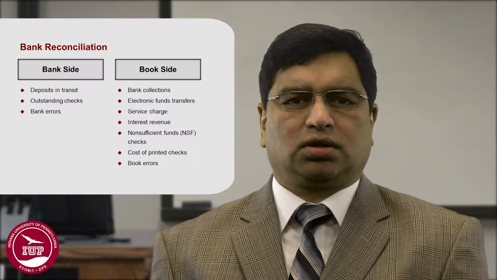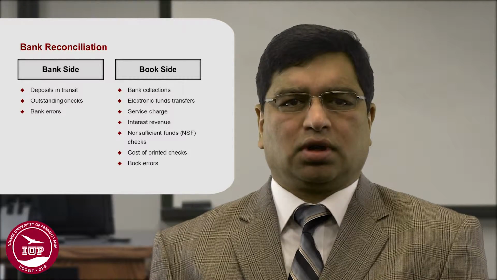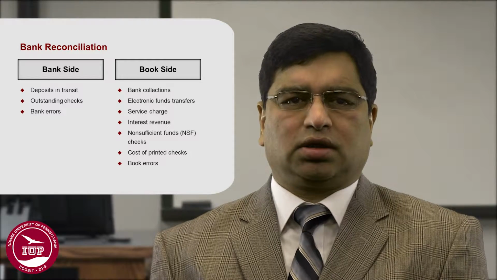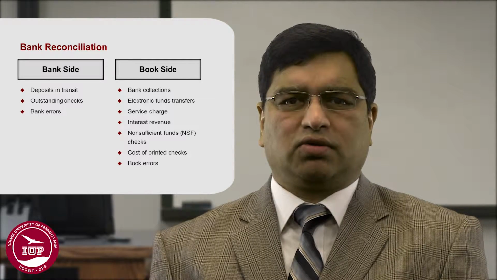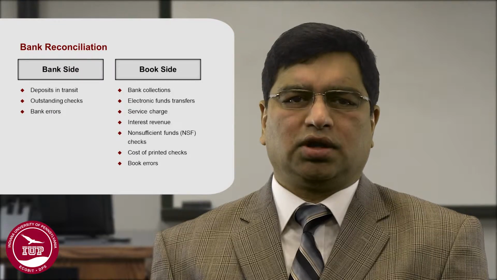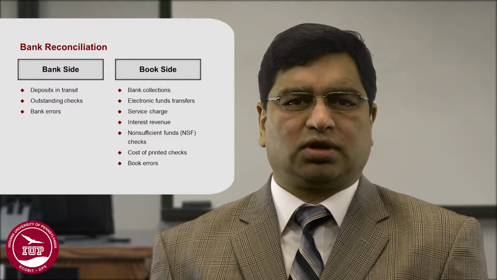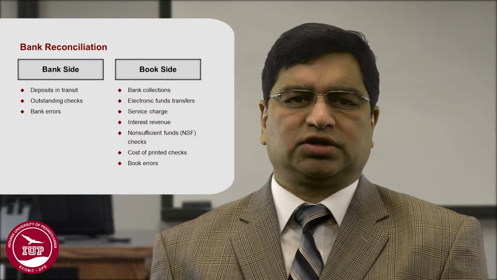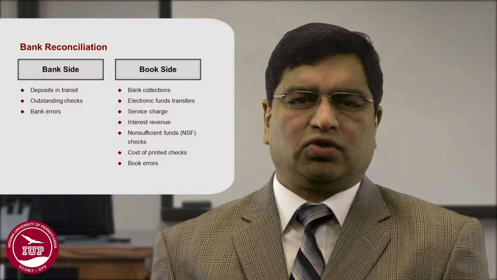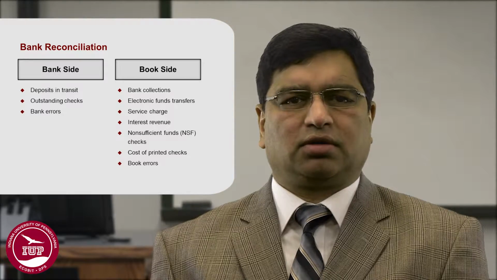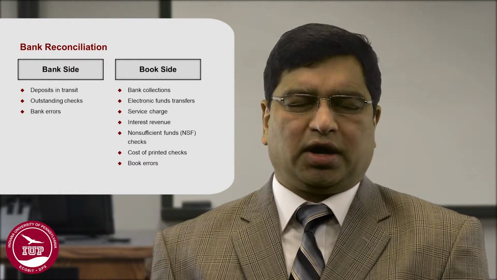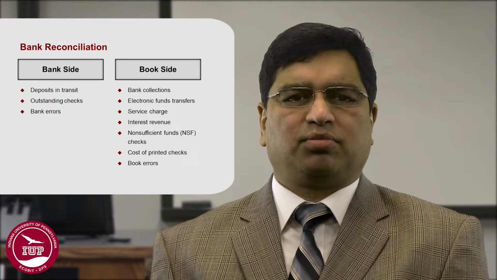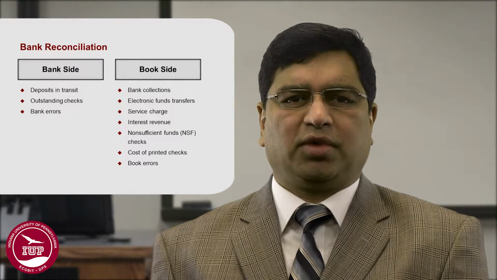If you have a deposit in transit, that is, you made the deposit and you have already included that in the books, but the bank comes to know about it a little bit later. Then you might have checks that you have written, and those might be presented a little bit later by the payee to the bank, and those are called outstanding checks. There might be some errors that might have been made.